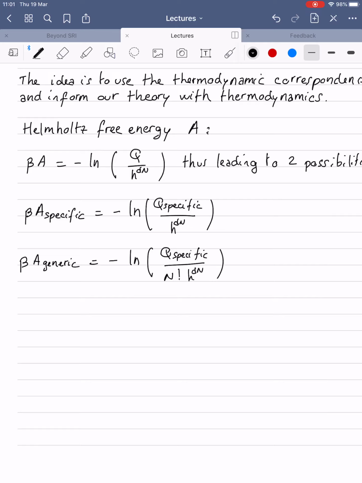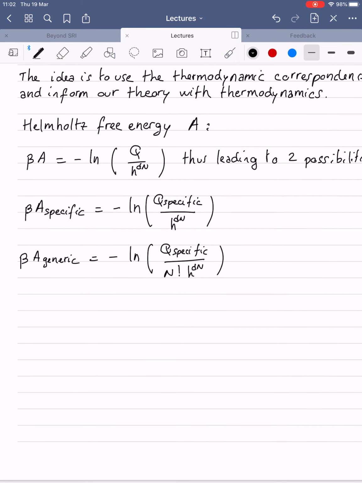If you don't remember these things, I encourage you to look at the past lectures. I think it was the week 6 lectures where we discussed this 1 over N factorial factor that would arise from generic versus specific partition functions.